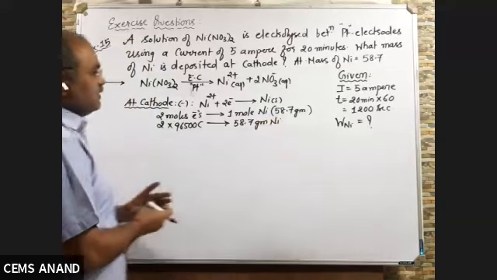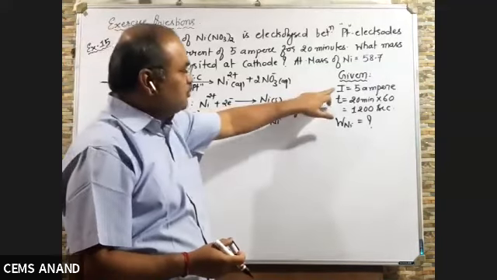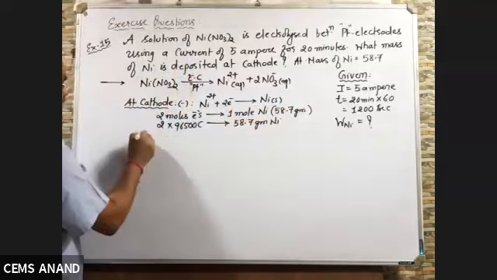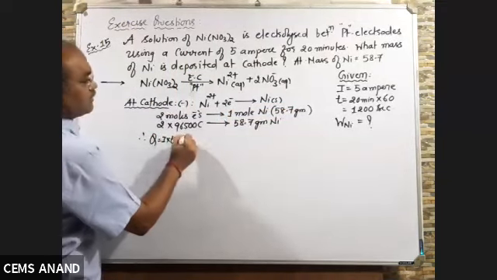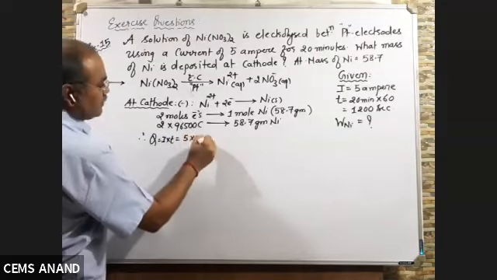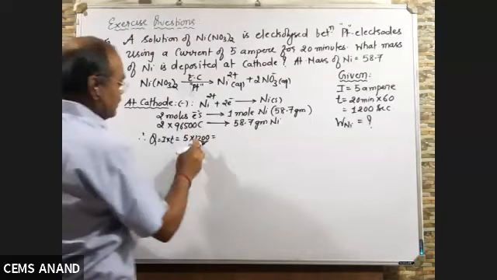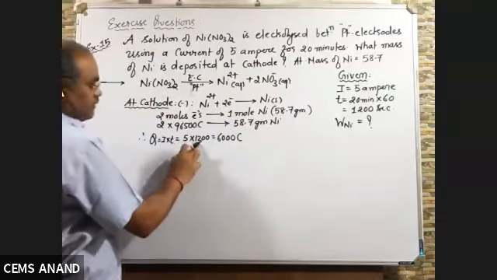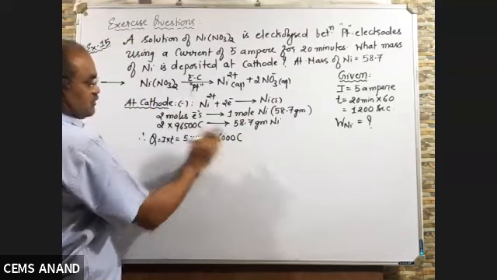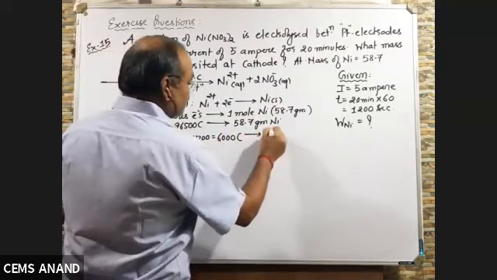Actually, how much are you passing? Q is equal to I T. Therefore, Q is equal to I into T, that is 5 into 1200, which is 6000 coulomb. This much coulomb will give you how much nickel?